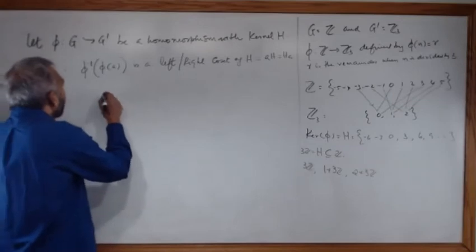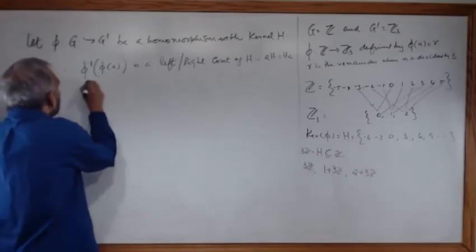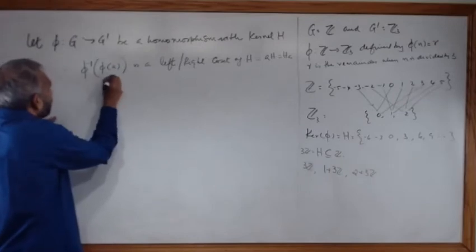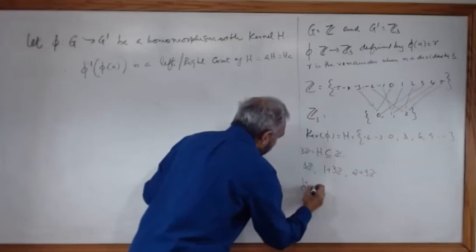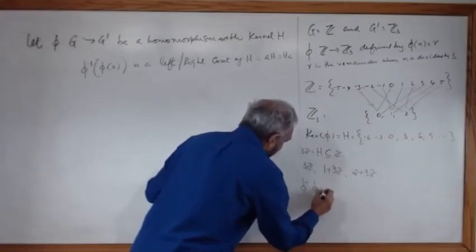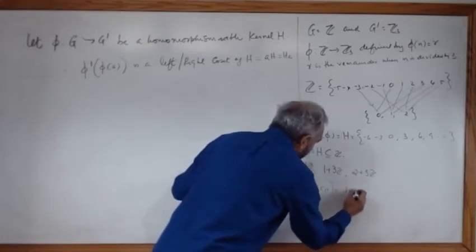Meaning, these are actually phi inverse of phi of a; phi inverse of phi of, let us take 1, is going to be 1 plus 3Z.